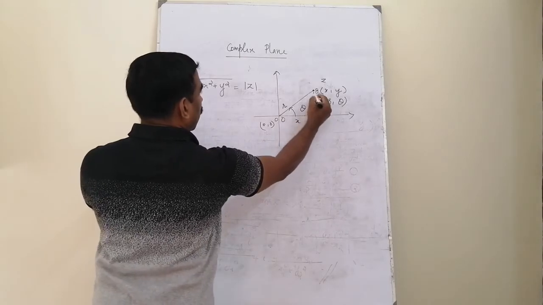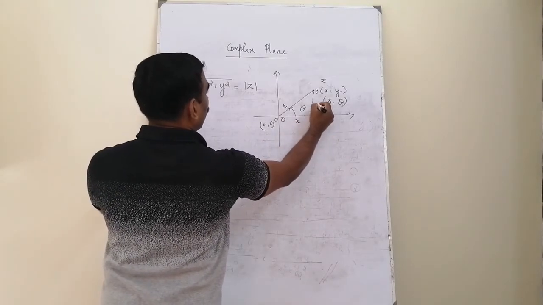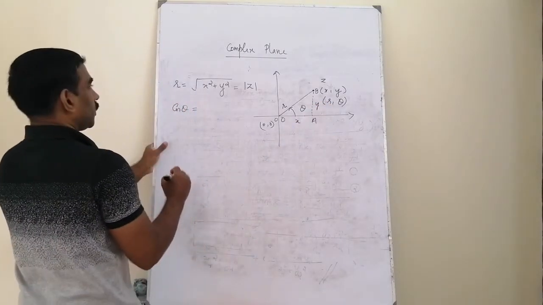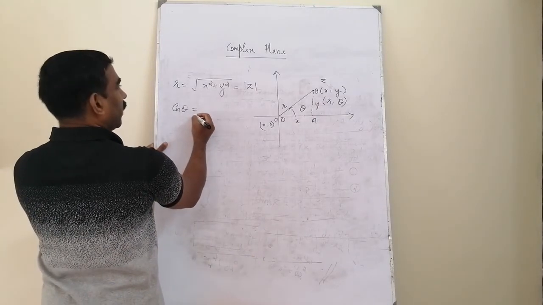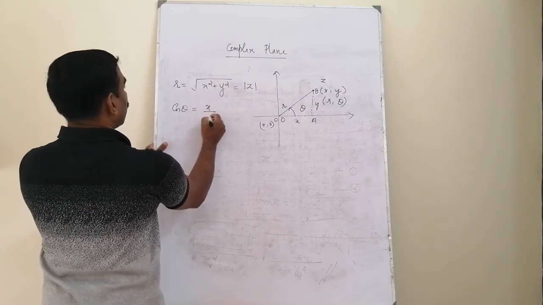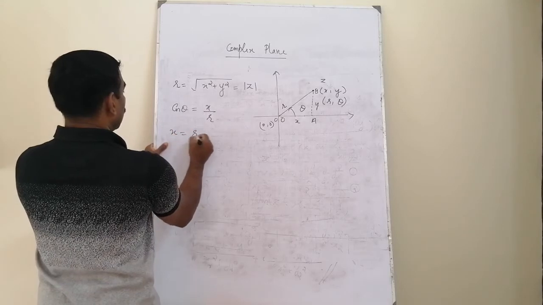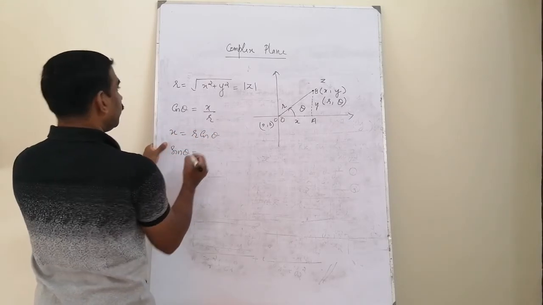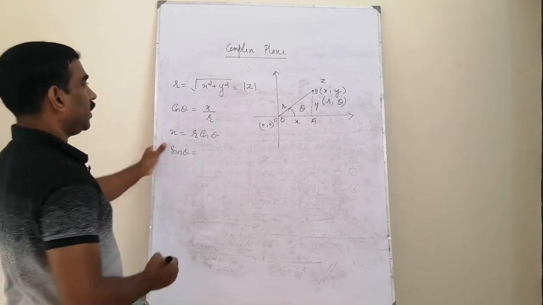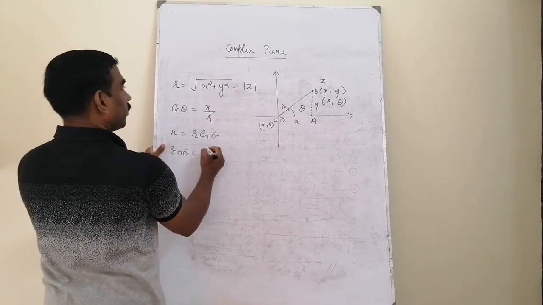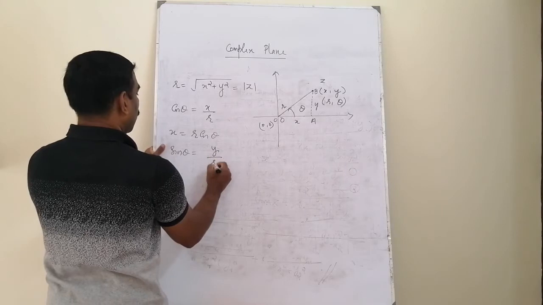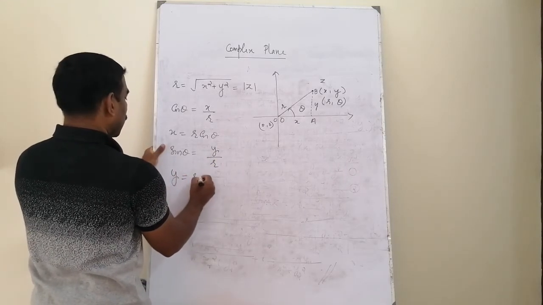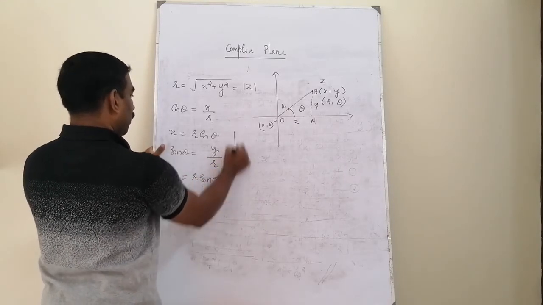This OA is our x and AB is y. So cos theta is equal to x by r, or x is equal to r cos theta. And similarly sin theta is equal to the opposite side AB divided by OB, that is y by r, or y is equal to r sin theta.